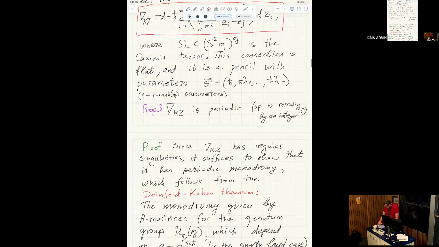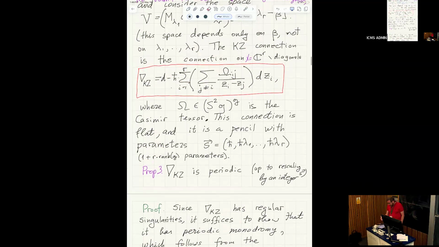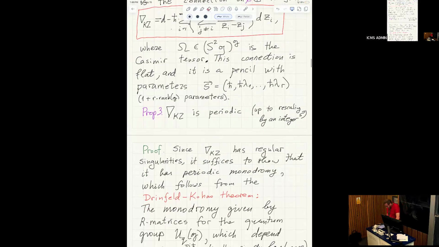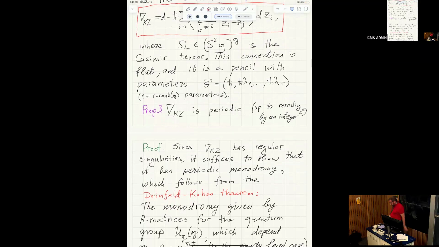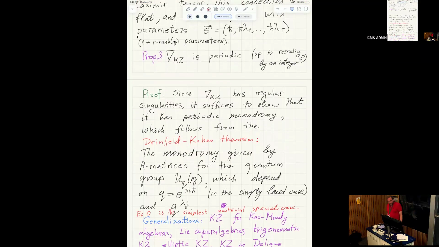And the reason is that it has regular singularities. This is actually obvious here, first order poles, and also at infinity, it is easy to check that this property is satisfied. And then by theorem 2, it's enough to check that it has periodic monodromy. And the monodromy of the Knizhnik-Zamolodchikov equation was computed by Kohno and Drinfeld, and it is given by R-matrices of the quantum group U_q(g).